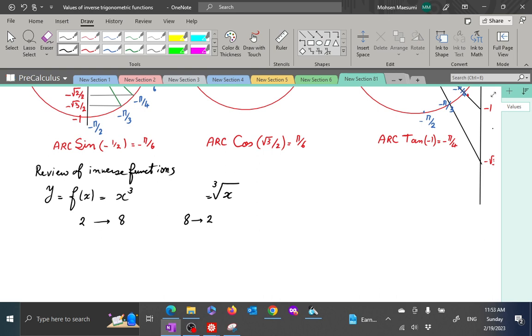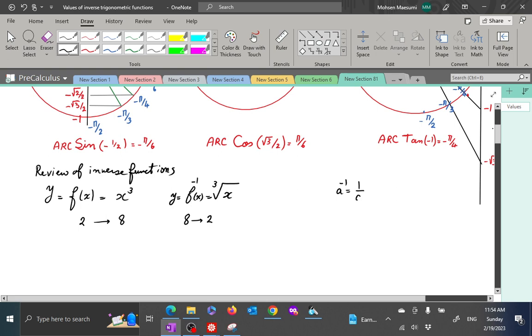How are we going to refer to this? Standard way of referring to this is to put a minus 1 on top of the name of the original function that you had and read it as f inverse of x. This is a notation that comes with a little bit of fine print next to it, because in elementary algebra, when you write b inverse, for b being a number, you mean the reciprocal of that number.